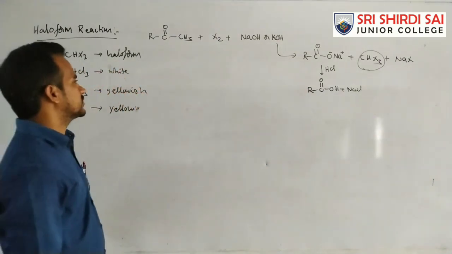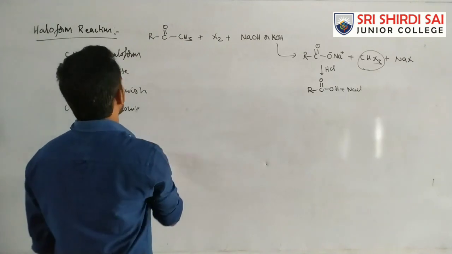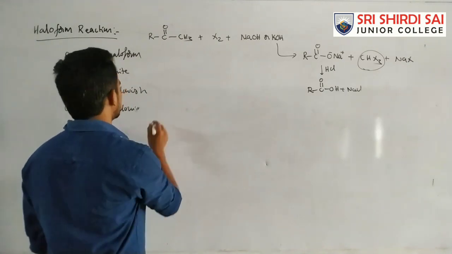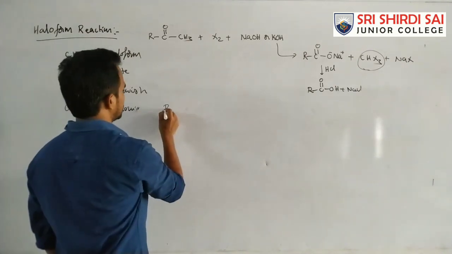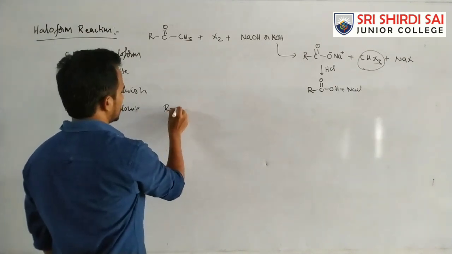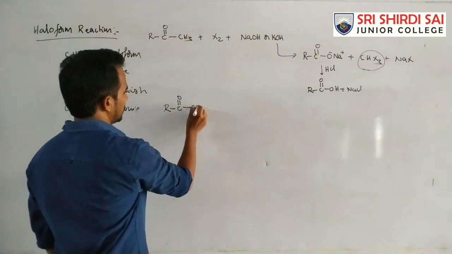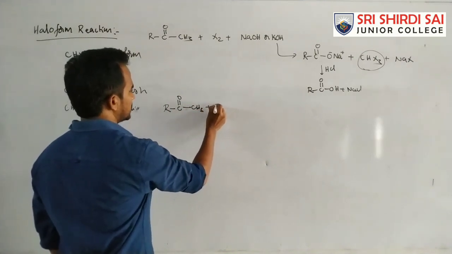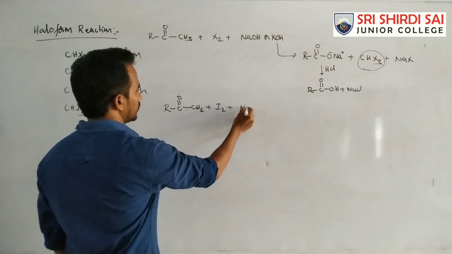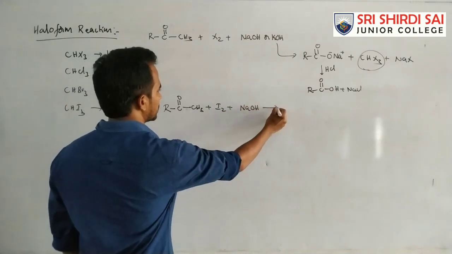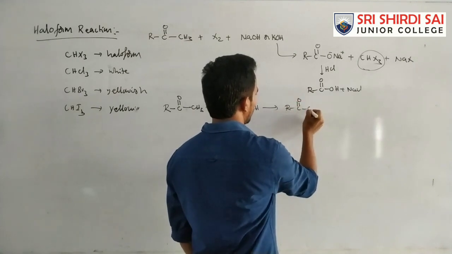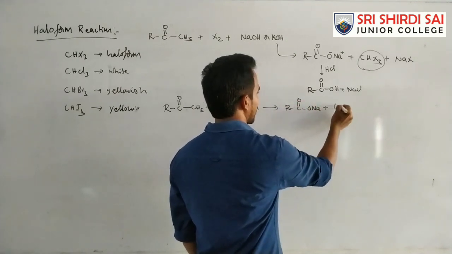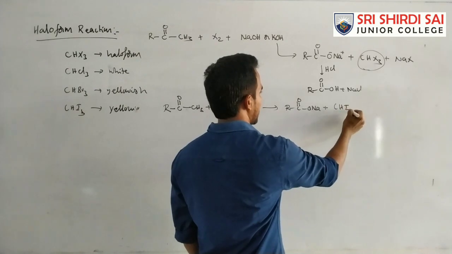Okay. So suppose for this reaction, I am writing RCOCH3 treated with I2 and NaOH. That produces RCOONa plus CHI3.